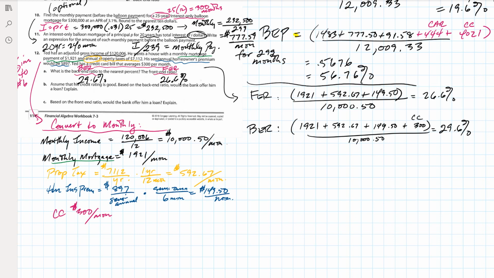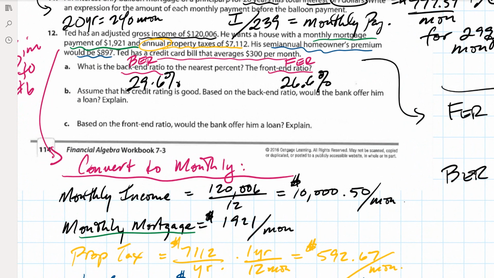Okay, part B. Here we go. Assume that his credit rating is good based upon the back end ratio. Would the bank offer him a loan? Well, for the back end ratio, it has to be less than 36%. Since the back end ratio is 29.6% and it's less than 36%, they satisfied that requirement.